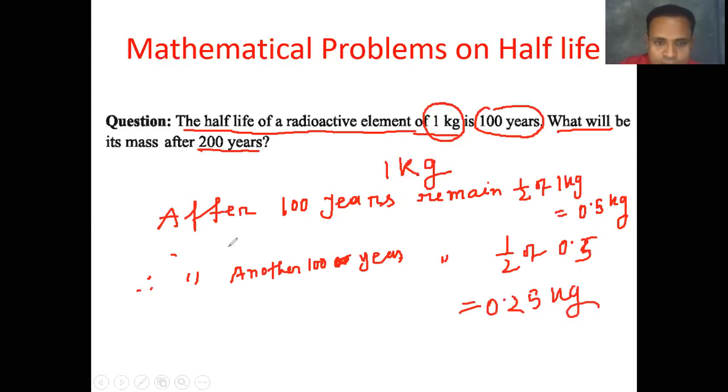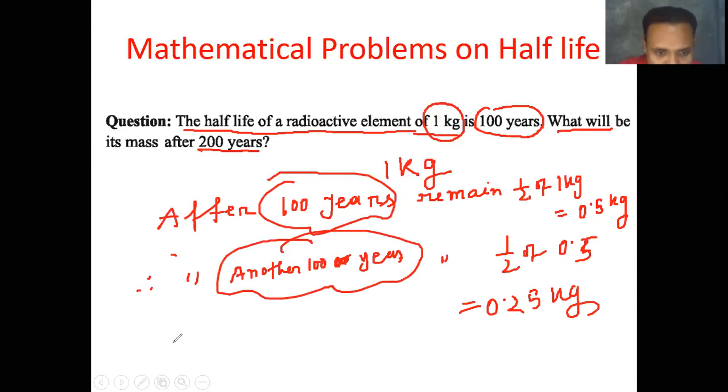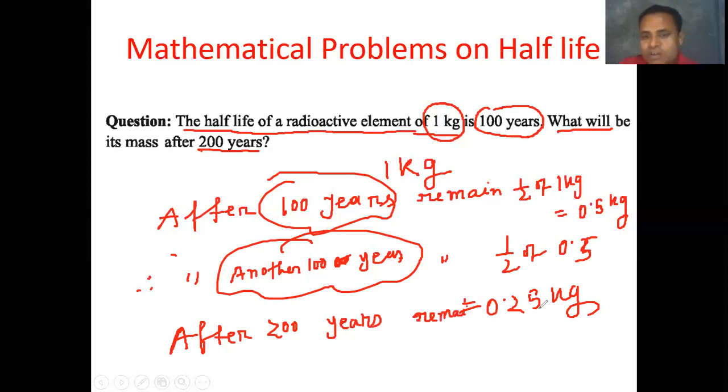So after another 100 years, that means after 200 years, 0.25 kg remains. That is the result of this mathematical problem.